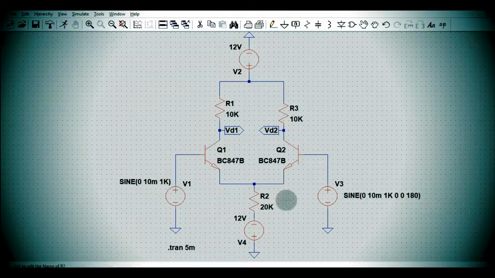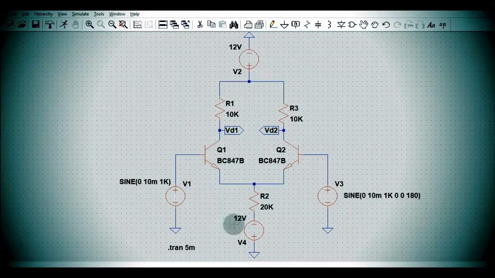has the same amplitude as V1, but it is 180 degrees out of phase. Then the emitters of both transistors Q1 and Q2 are connected together, and connected to a minus 12 volt supply.